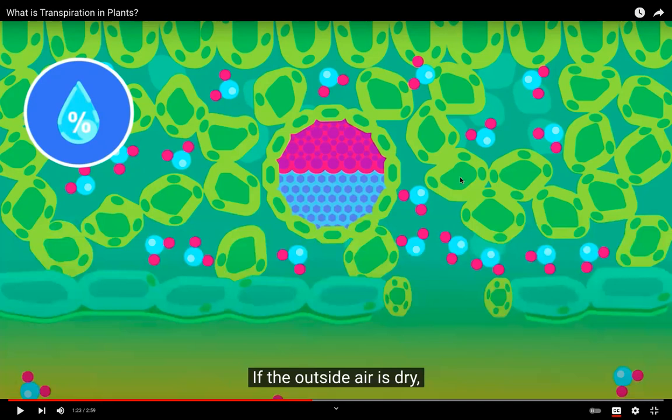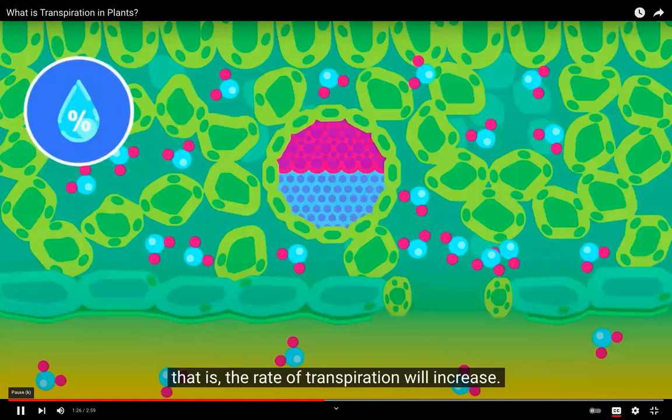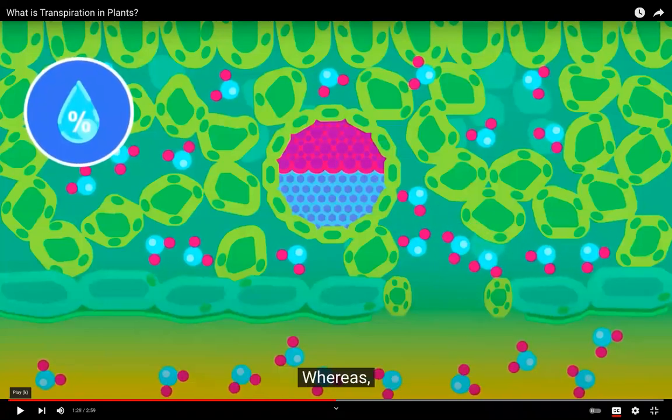That is diffusion. So diffusion happens and that will expedite evaporation. Water vapor will diffuse more rapidly out of the leaf. That is, the rate of transpiration will increase. So that is one thing.